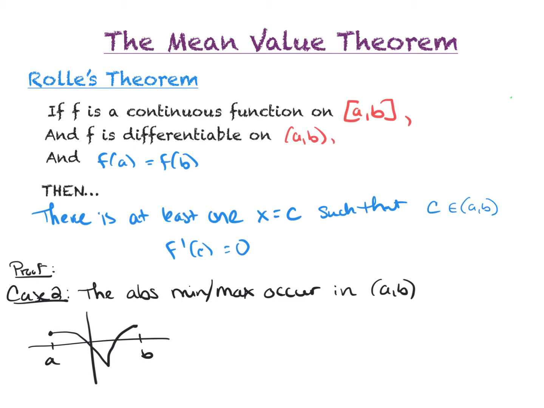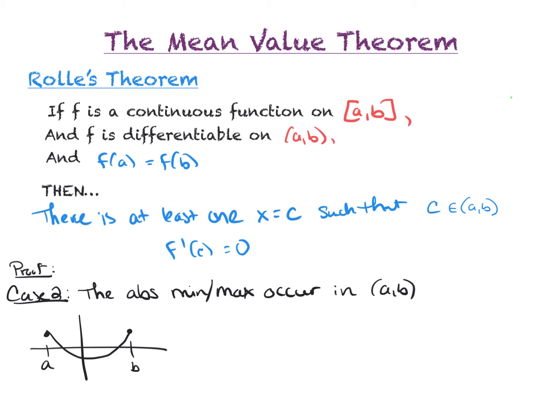So I need to fix my graph here. There we go. I have now both a continuous function from a to b and a nice smooth differentiable function. I sure drew a simple one, didn't I? From a to b, and it's nice and differentiable.